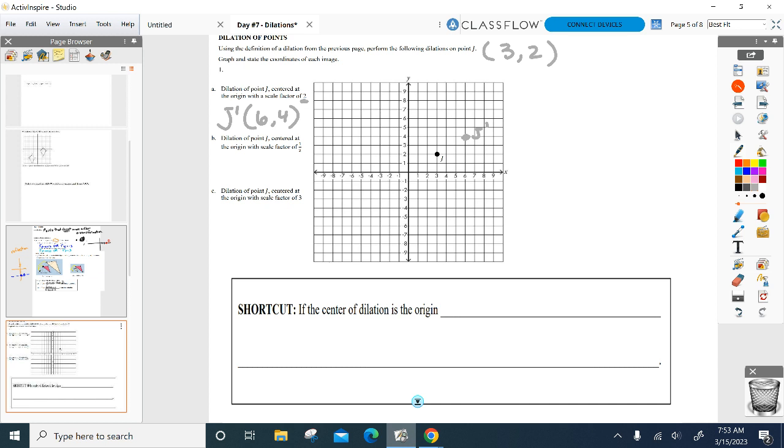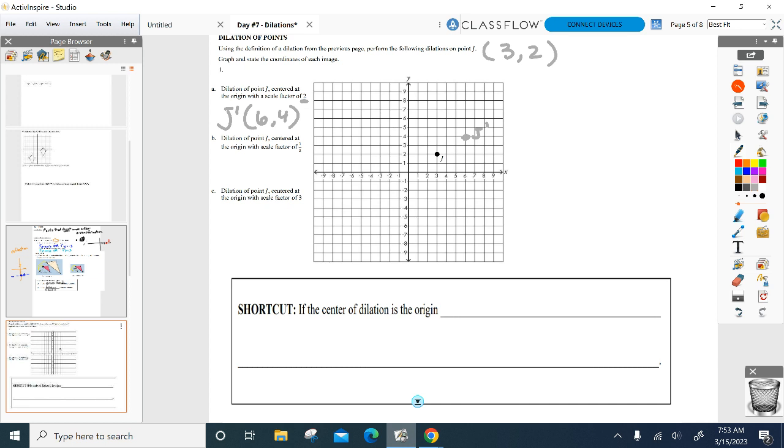Sophia, going back to you. How did I get to J again using slope? I went up 2 over 3. Cut it in half. We went up 2 over 3, but we're going half that distance. So if I cut that in half, that'd be what? Instead of up 2, we're going to go up 1. Instead of over 3, we're going to go over, cut it in half, 1.5.